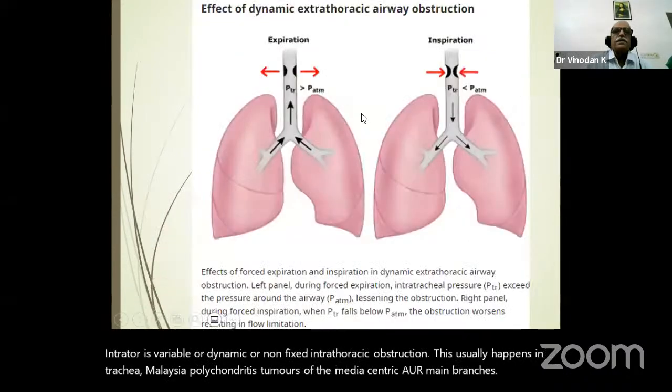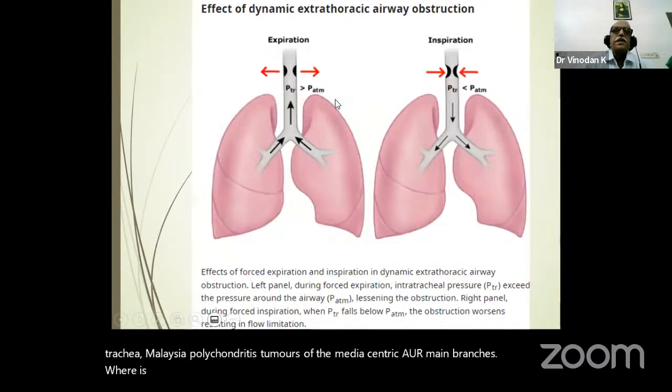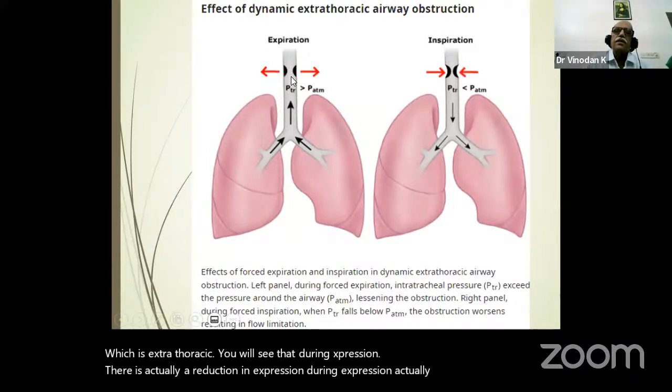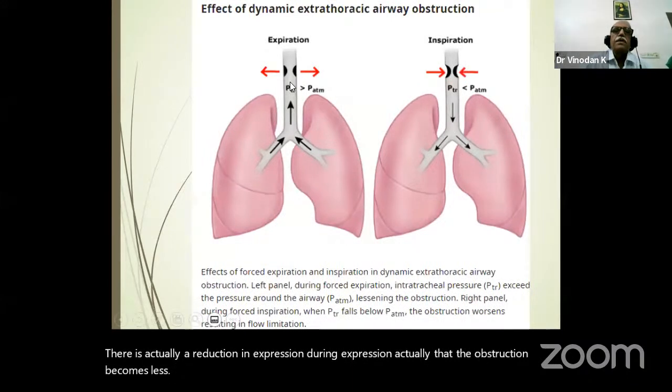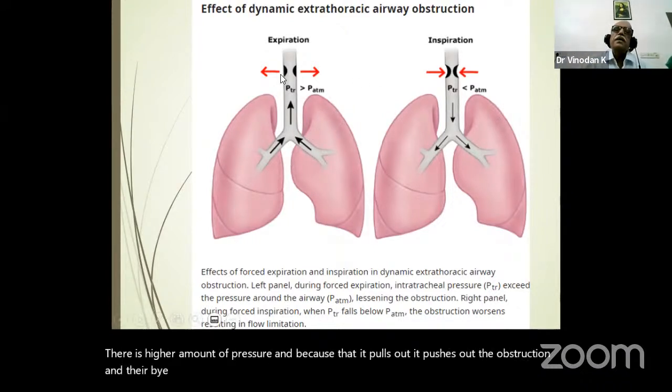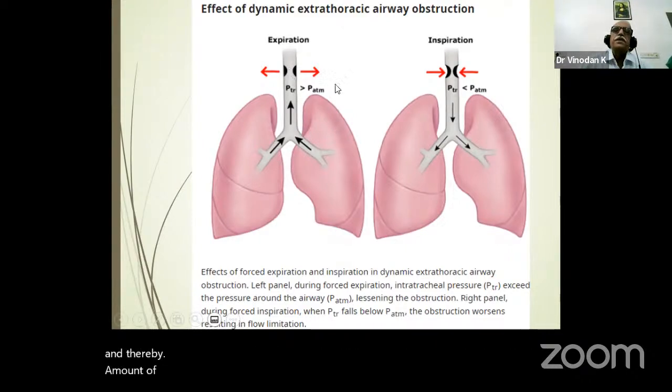Whereas when it is an extrathoracic obstruction, you will see that during expiration, the obstruction actually becomes less, because inside the trachea there is a higher amount of pressure, and it pushes out the obstruction, and thereby the amount of obstruction is reduced.